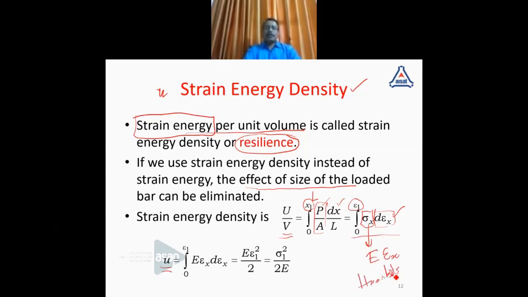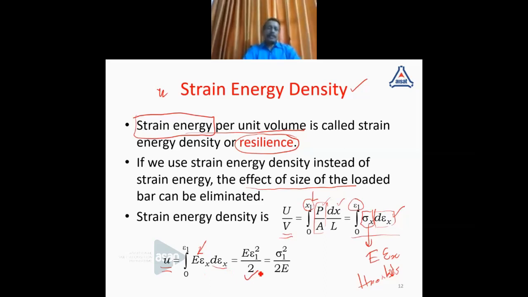In Hooke's law, we know that in an elastic material, stress and strain are proportional, and E is the proportionality constant, the modulus of elasticity. So we can replace sigma x by E into epsilon x. Now this can be integrated to obtain this.